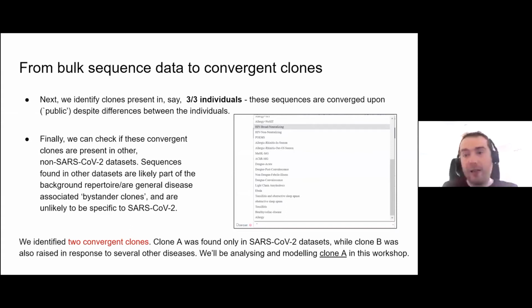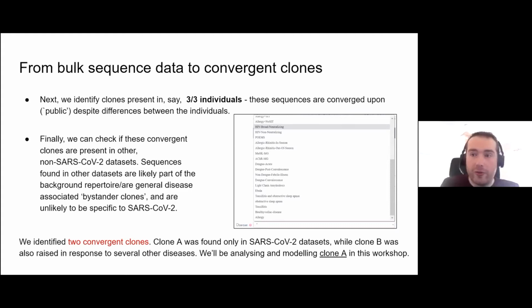So what we want to have a look at is, for example, are these clones also present in data sets not associated with SARS-CoV-2? If you do have a sequence that is also present in these other data sets, these are likely to be sequences that are raised as part of a general disease response. And these are what are known as bystander clones. So they're raised as part of the immune response, but they're unlikely to be specific SARS-CoV-2 binders.